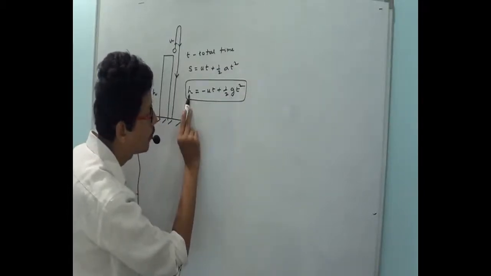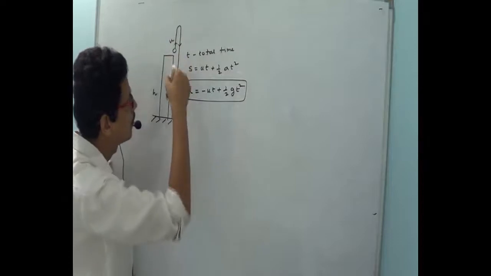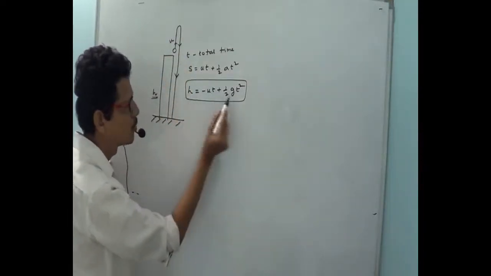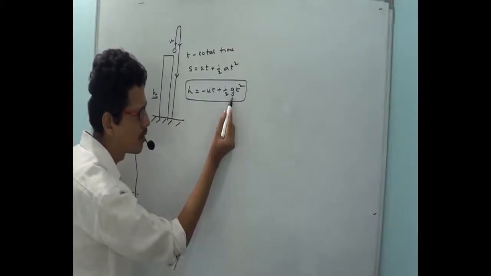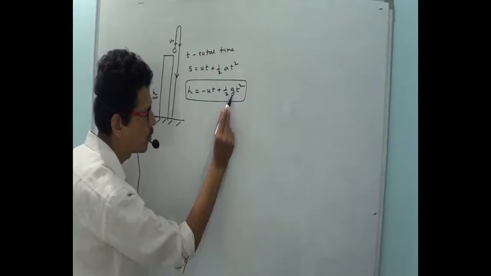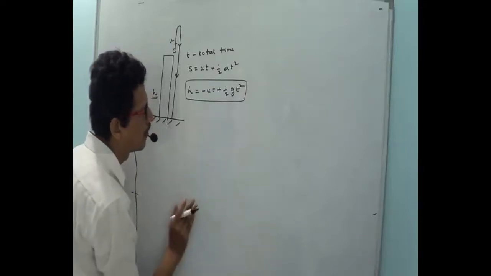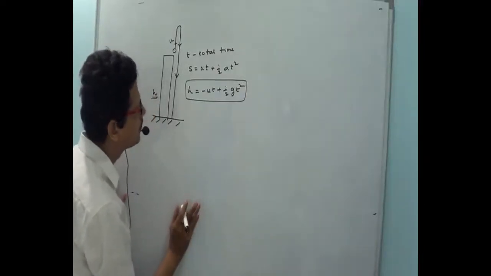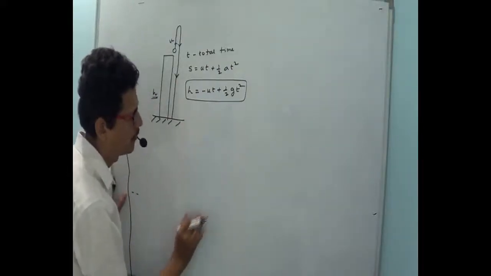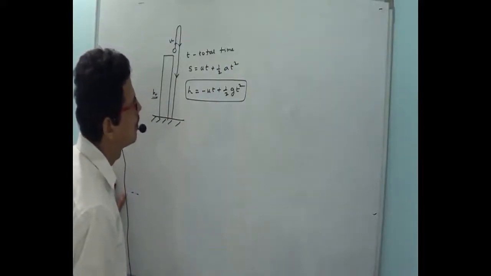Because h I have taken positive, the downward vector displacement I have taken positive. So this is downward acceleration now. If I take this as positive, you also have to take this as positive. Okay. And you have to solve this quadratic equation if it is given as a question.